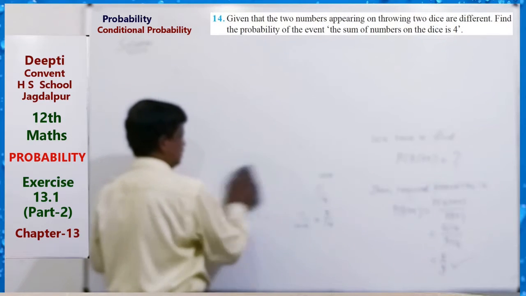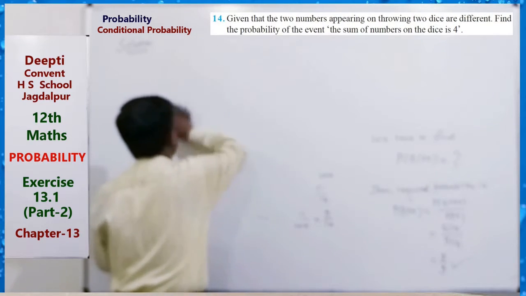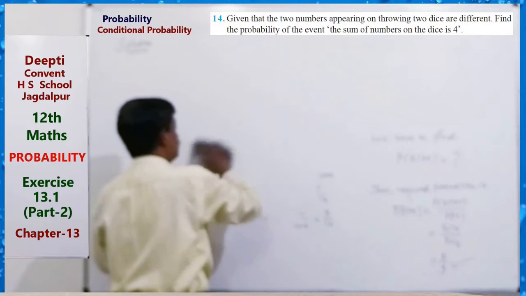So this is a very simple question. Given that is the lower event.